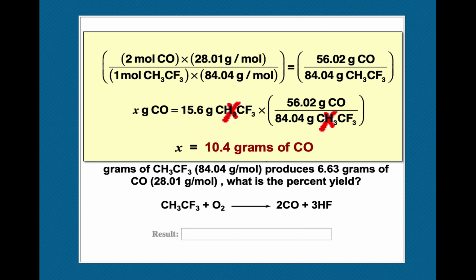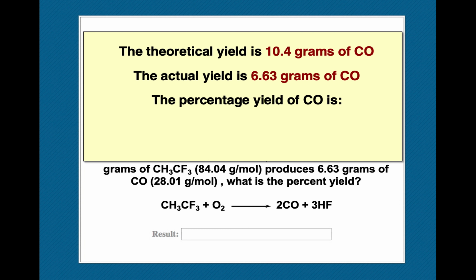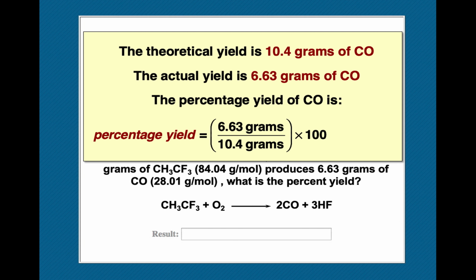This is our theoretical yield. Okay, this is the actual, that's the theoretical. Theoretical is 10.4, actual is 6.3, divide 6.3 by 10, multiply by 100, we're about 64%.